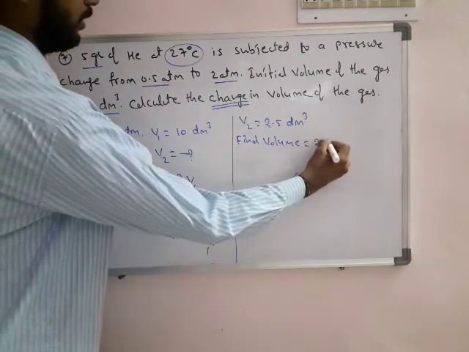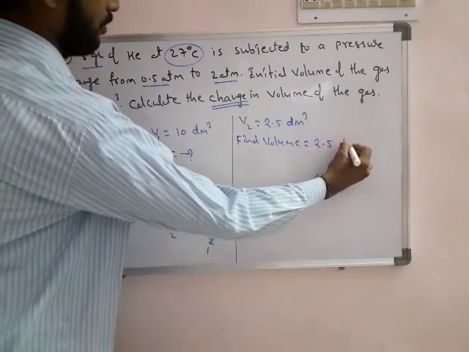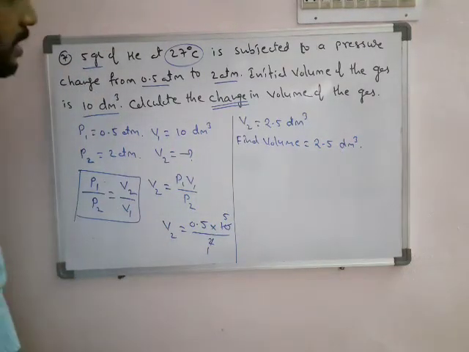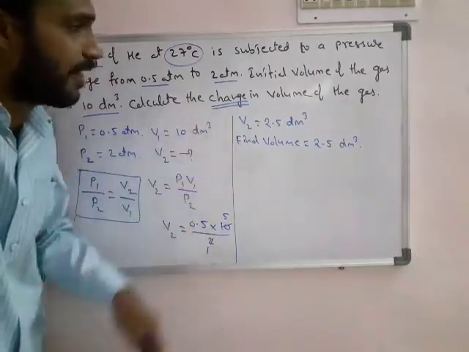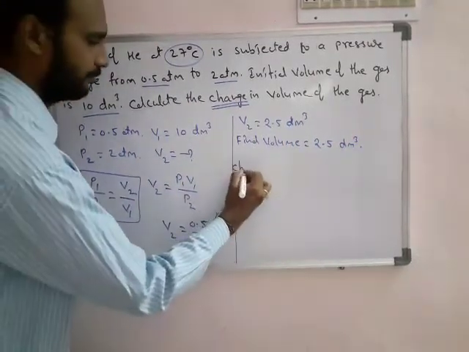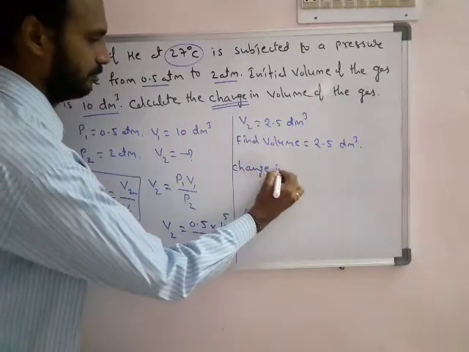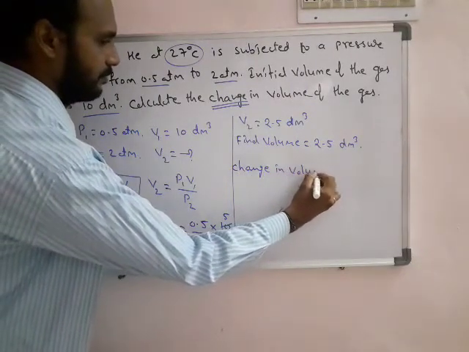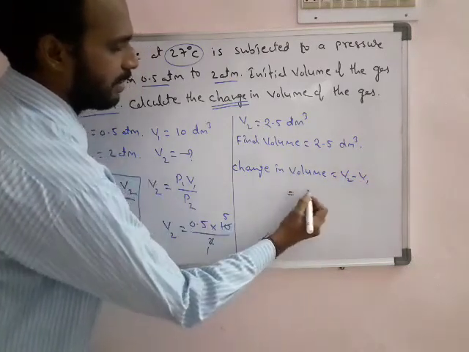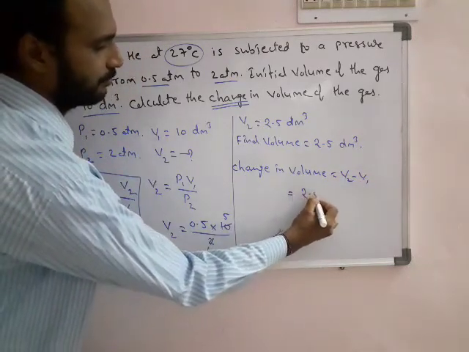We got a final value of 2.5 decimeter cube. In this problem it is asked to calculate the change in the volume. Change means always final minus initial. Always, if change in the volume is asked, write V2 minus V1.